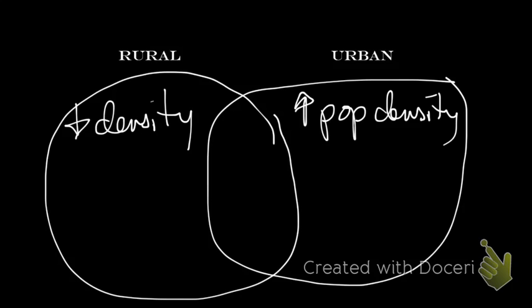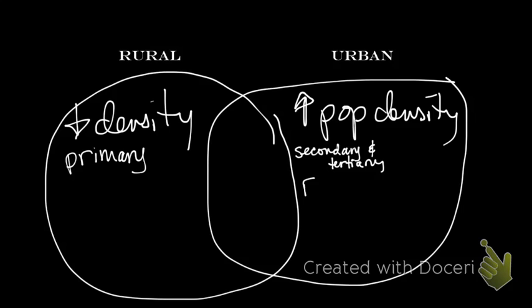Types of economic activities: in an urban situation we're going to have secondary and tertiary activities, versus in our rural setting we're going to have predominantly primary economic activities.